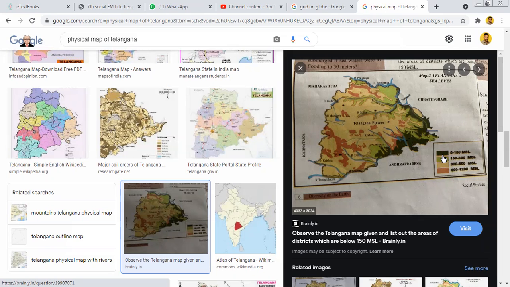Here the dark color actually shows brown, but in the textbook it is given as dark green. Where the dark green color is there, all these places have 150 meters height from sea level.